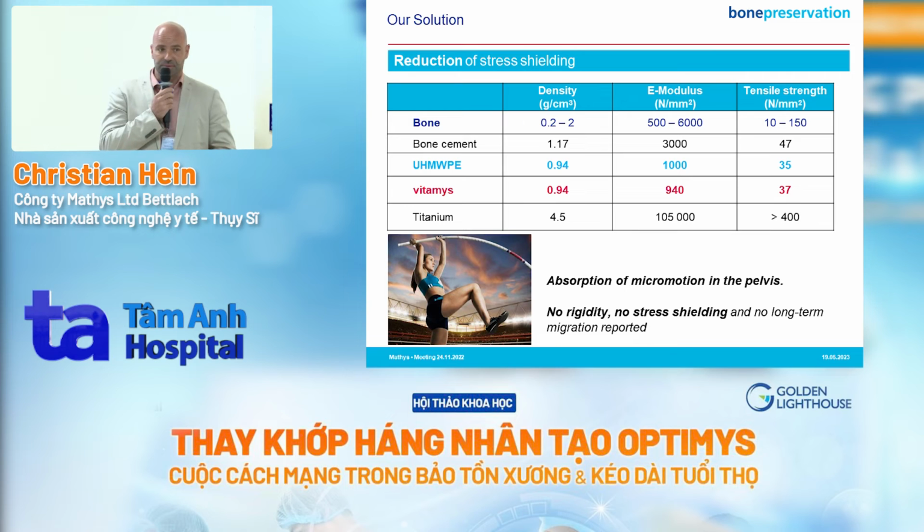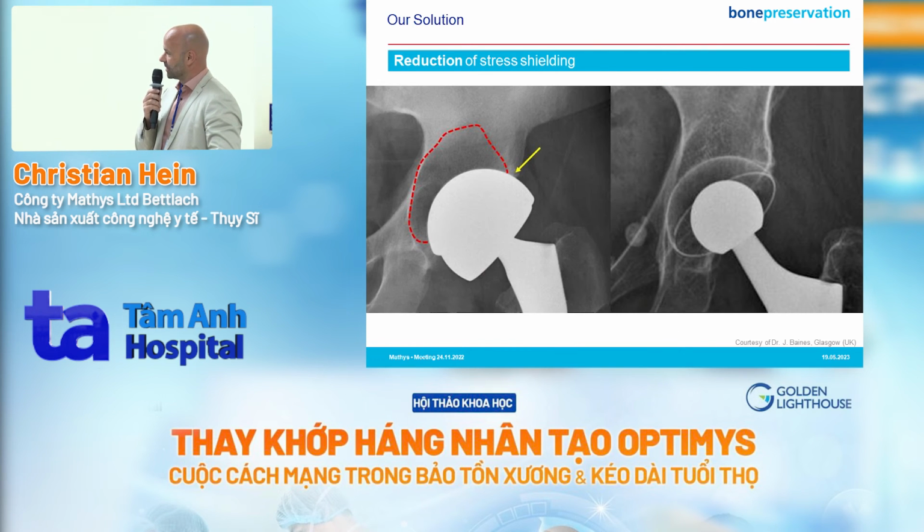to bone, whereas a metal back cup has a higher modulus of elasticity, which means it is much stiffer, and as we know, forces are going to get through stiff material. We will have stress shielding after certain times. Here's an example.